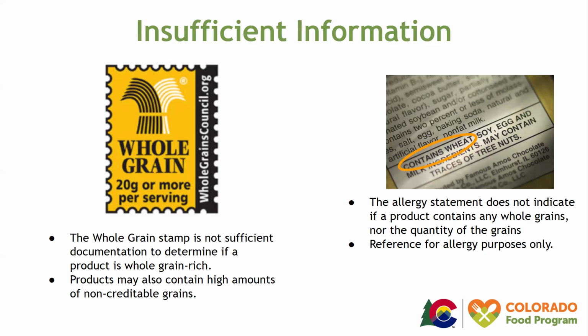Another example is if the ingredient list has the allergy statement that a product contains wheat. This is just for allergy purposes. This does not tell us how much whole grain is in the product, so it is insufficient documentation for whole grain rich criteria.